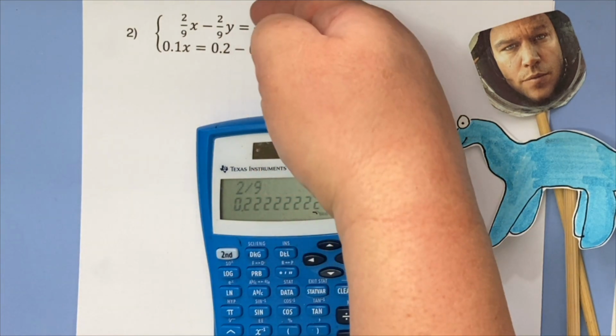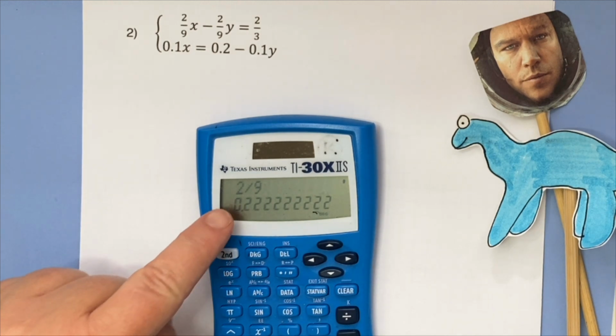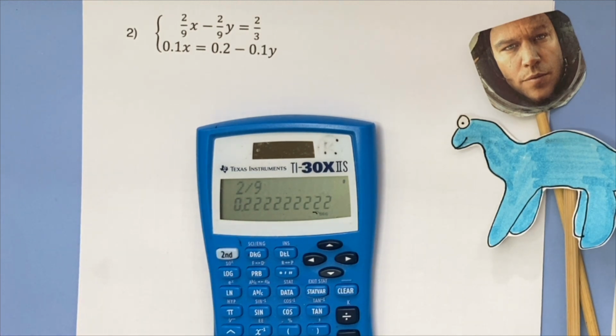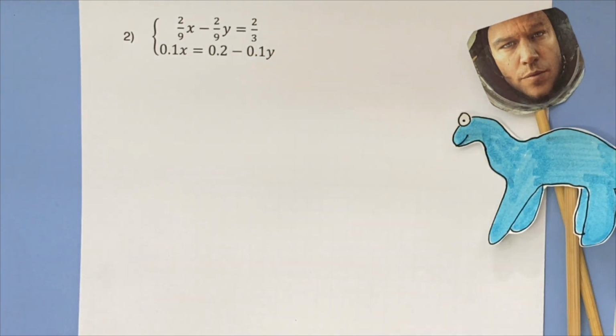And you may also know that 2 over 3 is 0.6666666. These are not nice fractions, so they will not convert to decimals. And if you round, if you use just 0.2 or 0.22, your answer will be incorrect. Okay, so you asked for complicated.